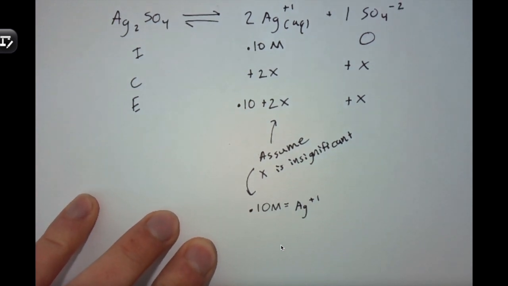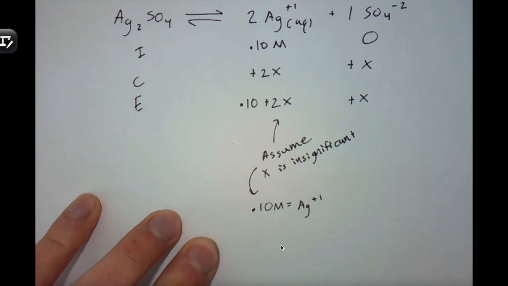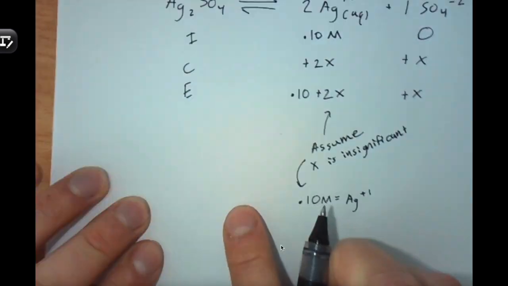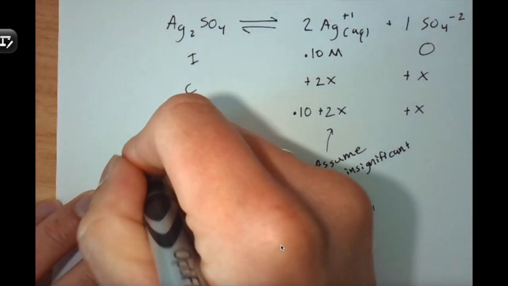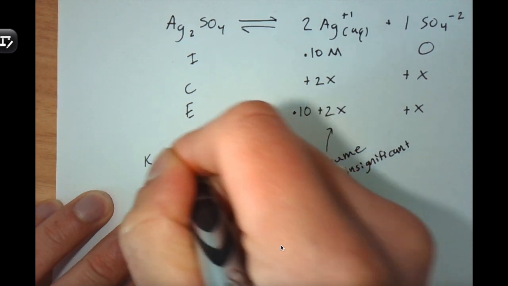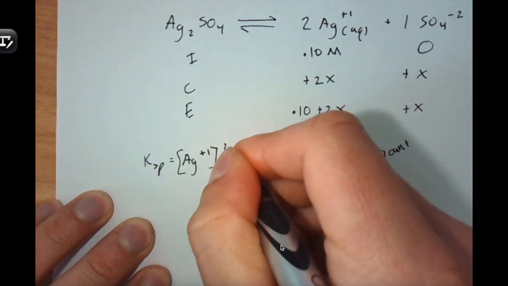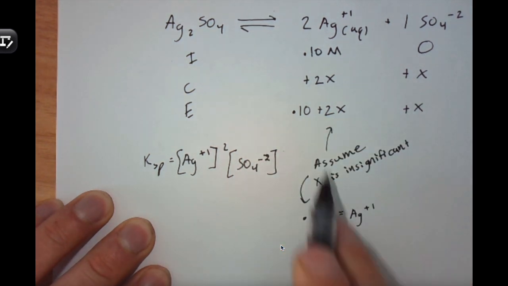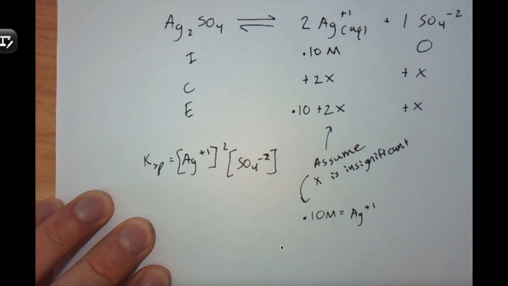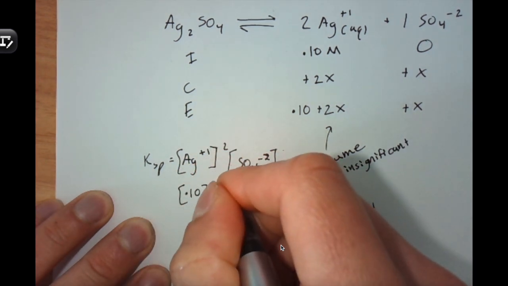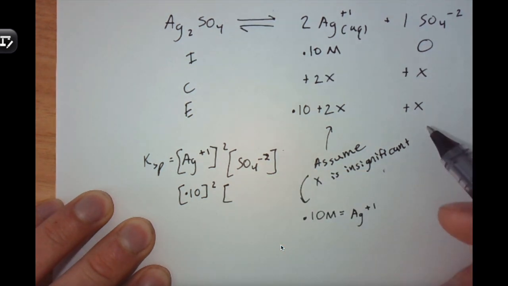And so when I work on my Ksp, maybe I'll show that over here. Ksp would be Ag squared and sulfate. Instead of using 0.10 plus 2x, I'd actually just use 0.10 squared and x for sulfate.